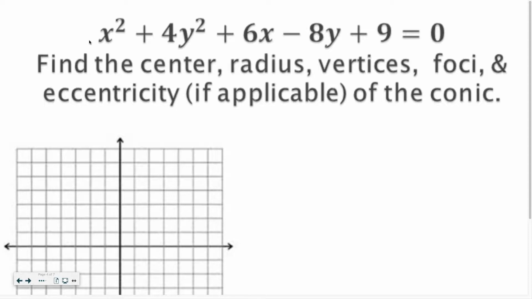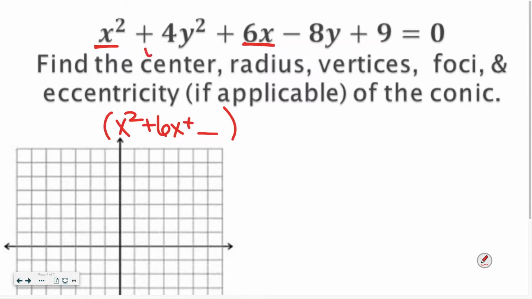Okay, but since this is in that general form, we do need to complete the square how many times? Twice. Because we need an x minus h squared and we need a y minus k squared. It's okay. So let's go ahead and group x squared and 6x together so that we can complete the square.